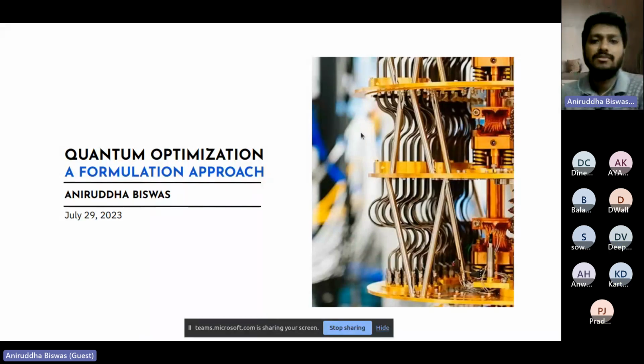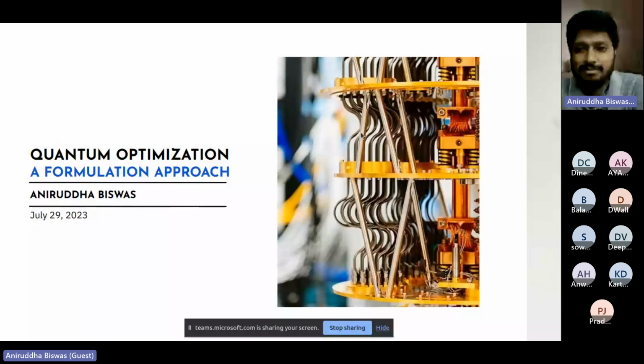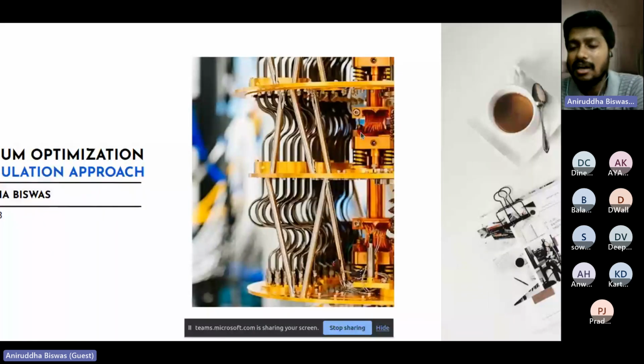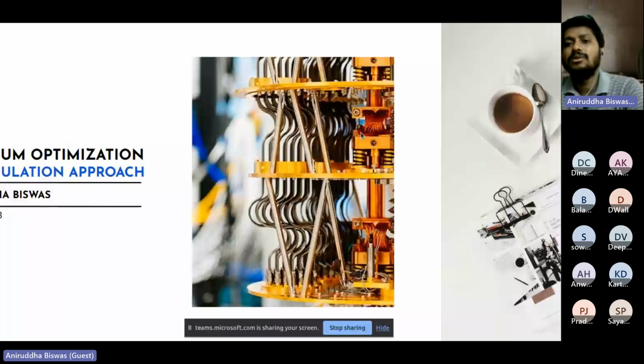So the title of the talk is basically, there are different areas of quantum computing. So now, what quantum computing or quantum technology is all about. Before getting into all those things, let me just clarify the agenda first. I'll be talking about mainly a couple of points that I've mentioned here.